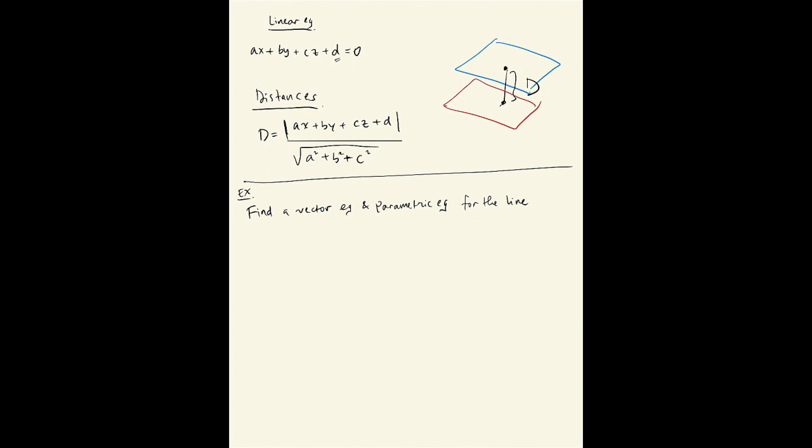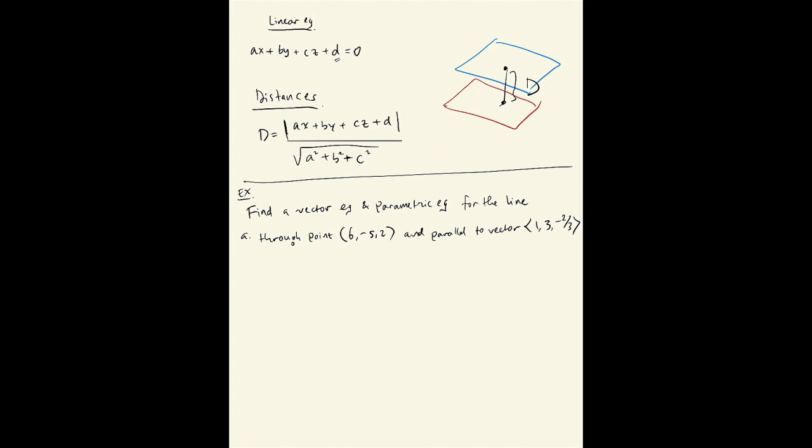Okay, so find a vector equation and parametric equation for the line through a point and parallel to a vector.